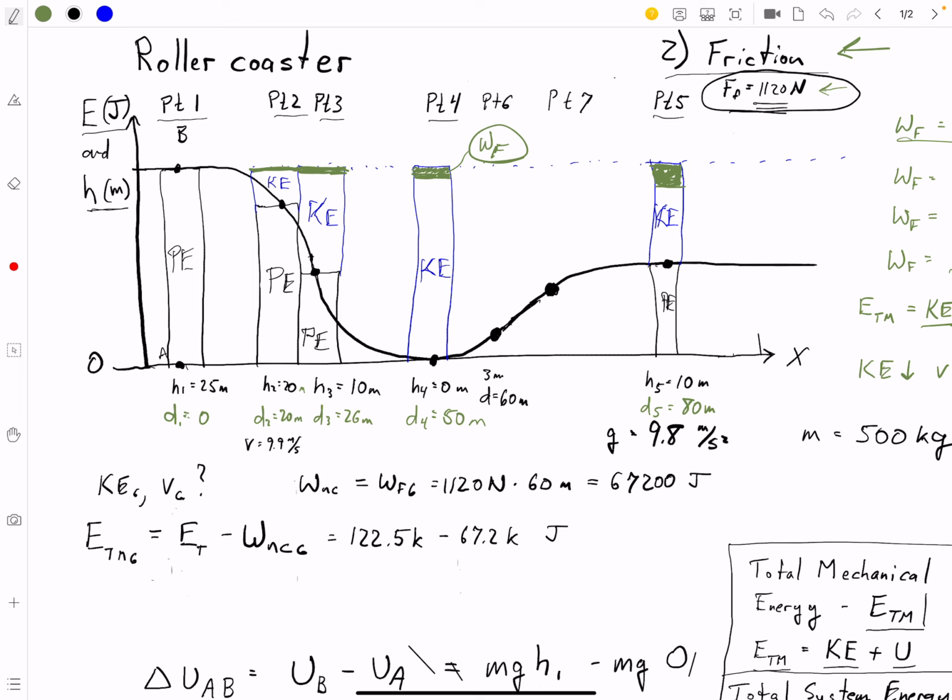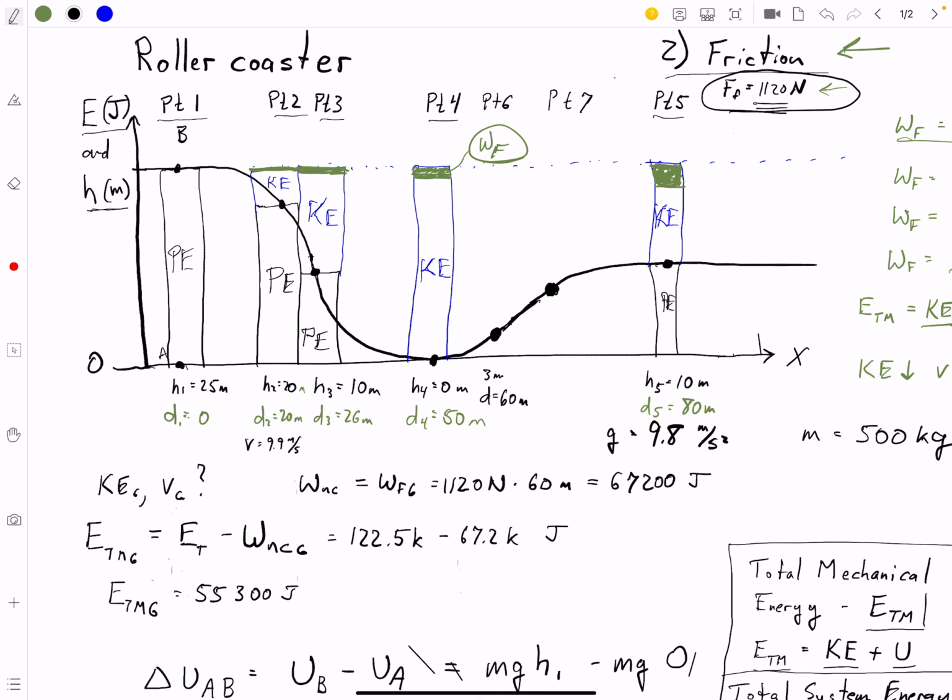So that's our total energy, total mechanical at 6. And that is, what is it? 55,300 joules.